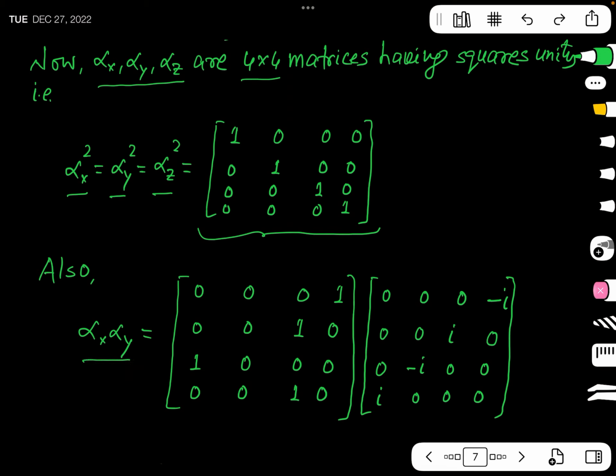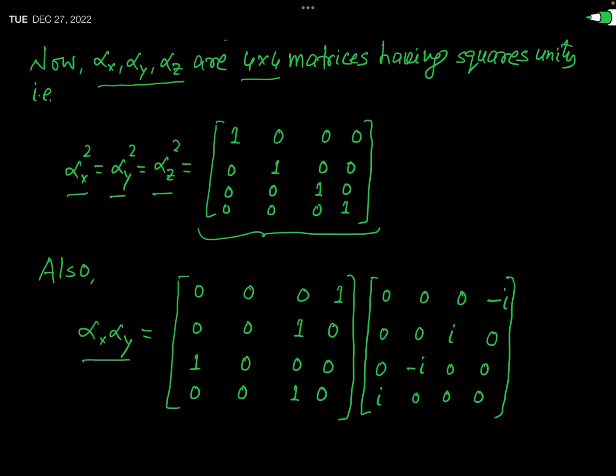You know that the alpha x matrix is also a 4 by 4 matrix defined like this. I will not just give a reading; you know how these matrices are defined, and you know very well how to find the product of these matrices. So this is alpha x and this is alpha y.